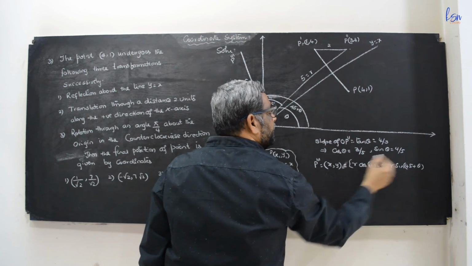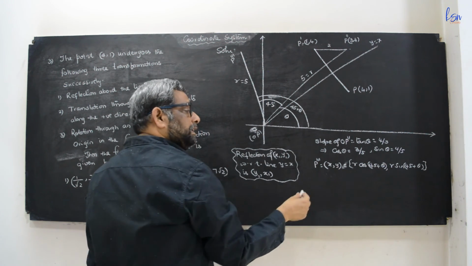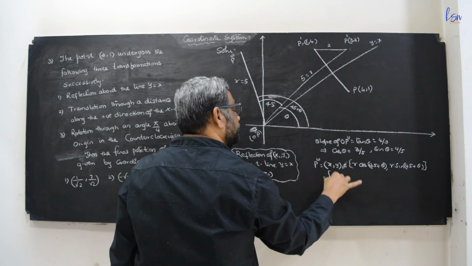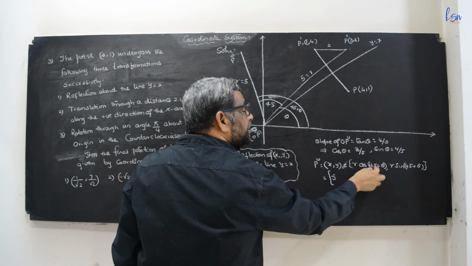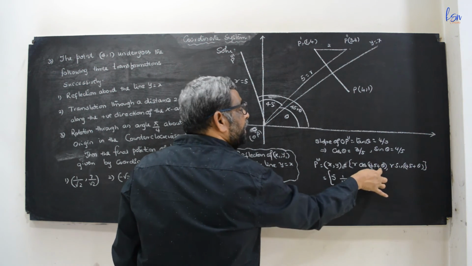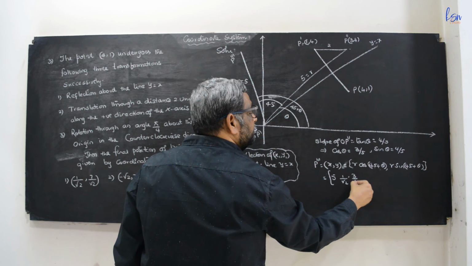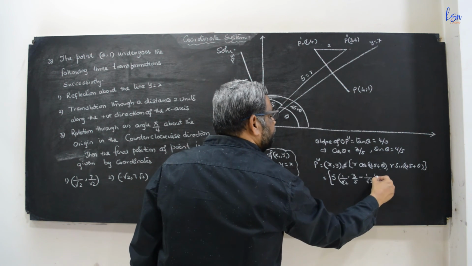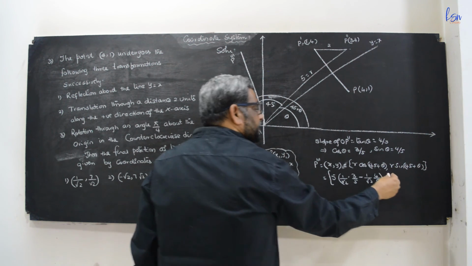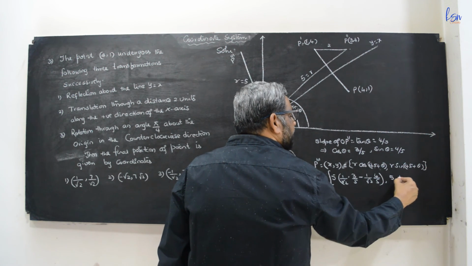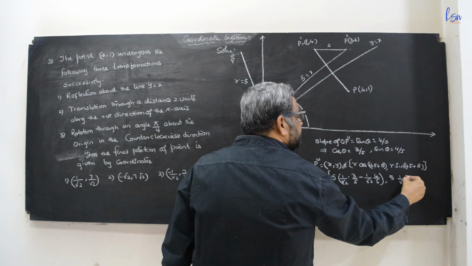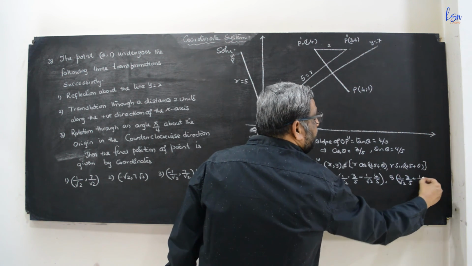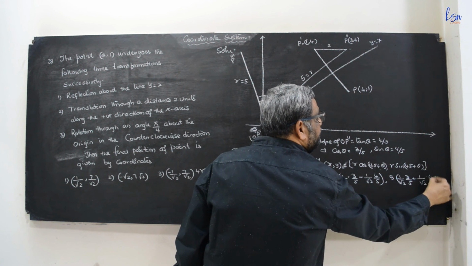R is equal to 5 into cos 45, 1 by root 2, into cos theta is 3 by 5, minus sin 45, 1 by root 2, into sin theta is 4 by 5, comma 5 sin 45, 1 by root 2, into cos theta 3 by 5, plus cos 45, 1 by root 2, sin theta 4 by 5.